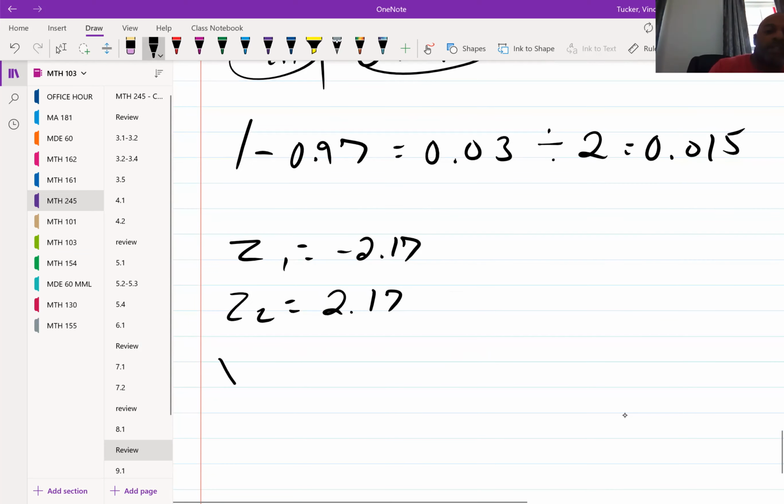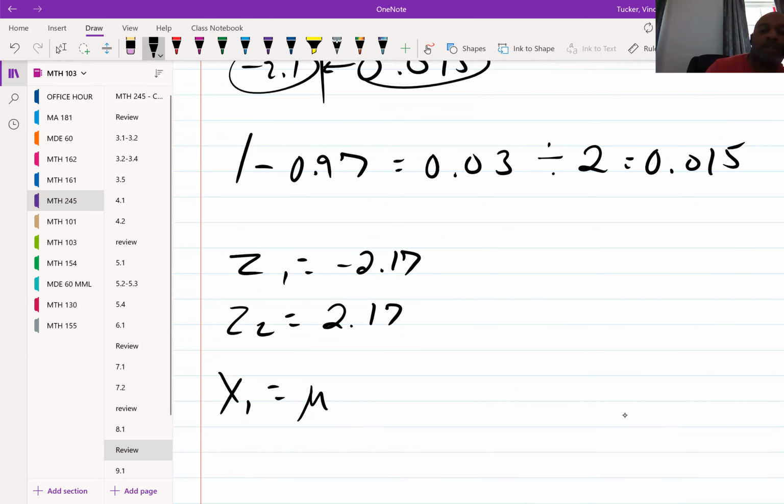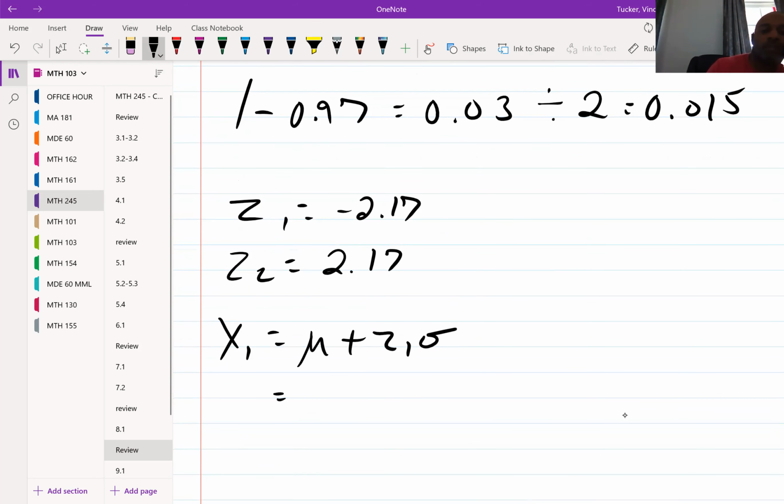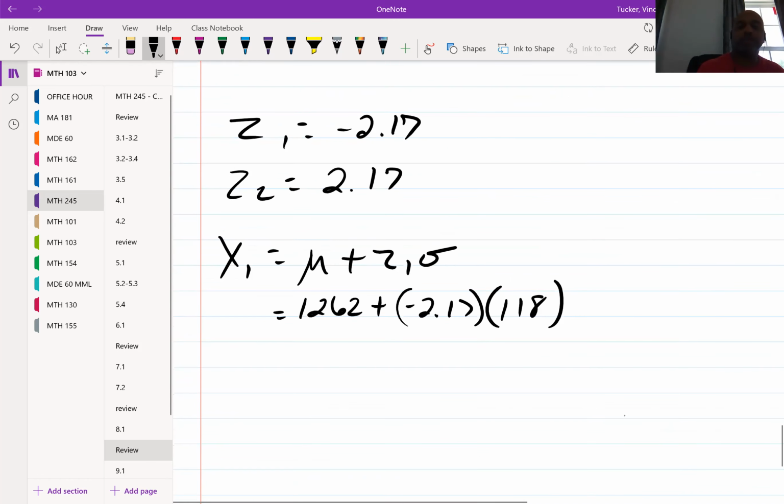All right, so now if I want to find the data value that corresponds to z1, we use this formula: your mean plus the z-score times sigma. So that's 1262 plus negative 2.17 times 118.